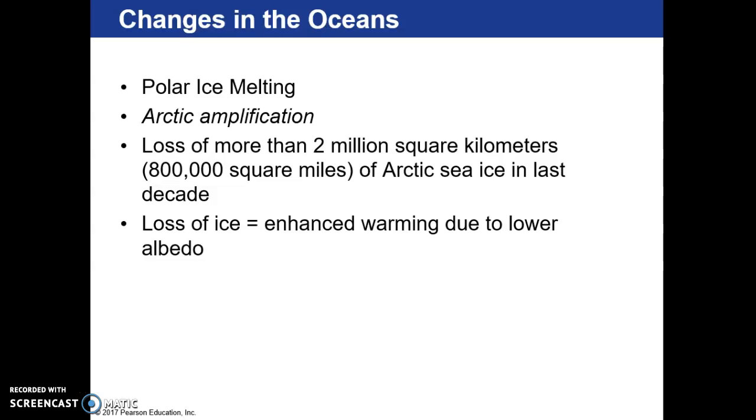And remember that albedo is reflectivity. So if sun gets reflected off, it keeps temperatures lower because it's not being absorbed. Well, if we lose that reflectivity, then more energy is absorbed instead of being reflected off, increasing the warming that we experience.